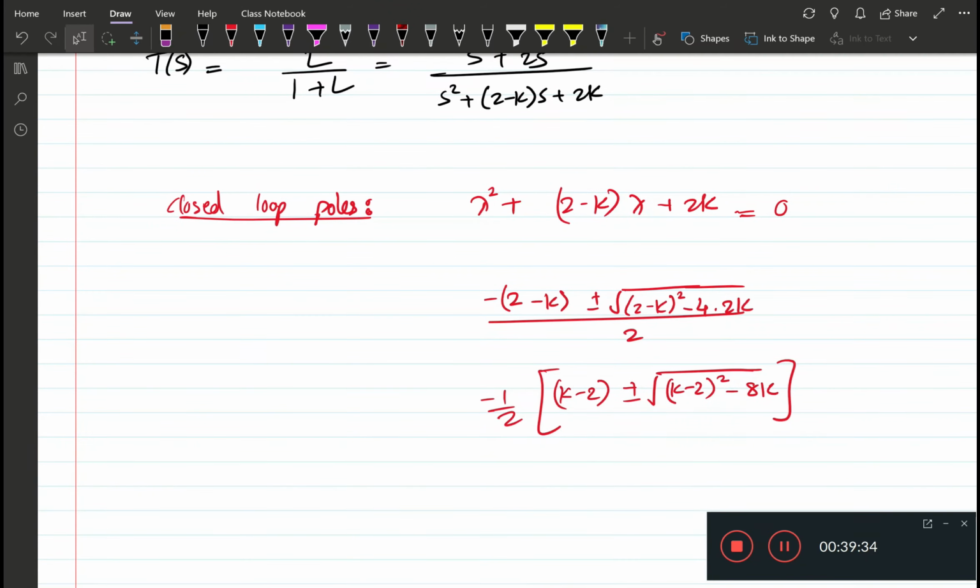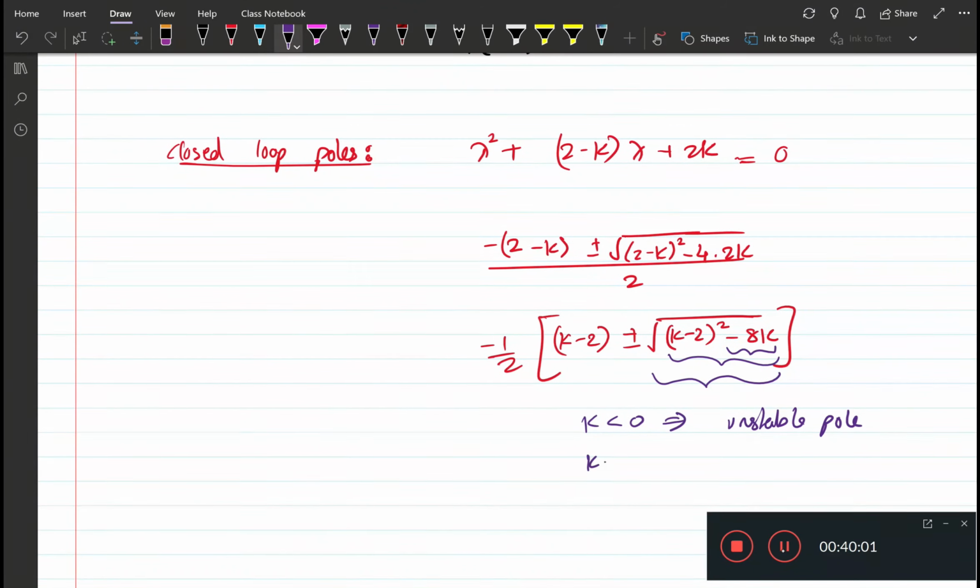Now again, like before, we see that if k is negative, this term would be positive, and then this term would be greater than (k minus 2) squared, and then the square root would be greater than k minus 2, and then we would have at least one unstable pole. So k negative leads to an unstable pole.